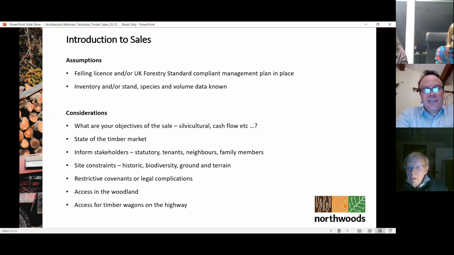A key consideration, that. Ideally, it would be good to have an inventory so that you know what is in the stand of timber: species, DBH, volume and number of trees. It can be done from a sample plot.